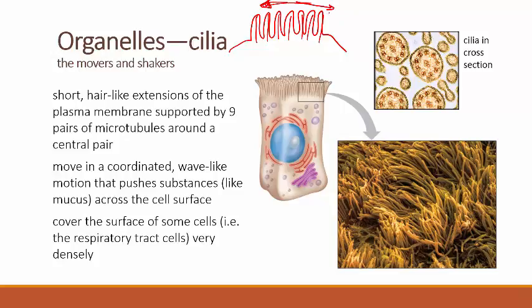So by waving, if we were to look at it, they would go back, and then we would see them push forward, so that whatever fluid is around the cell will then be pushed in this direction, and then they can reset and then push again, so that they can push substances like mucus across the cell's surface, so across the surface of a set of cells that are all ciliated.